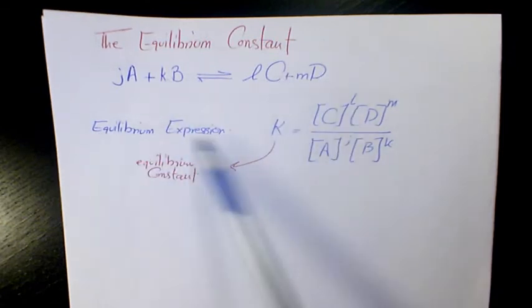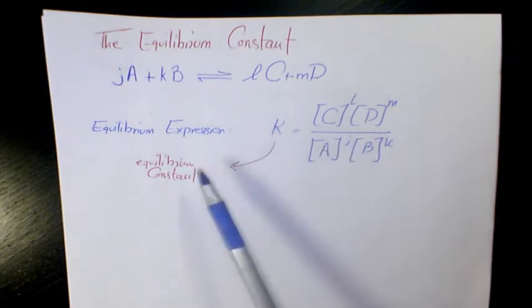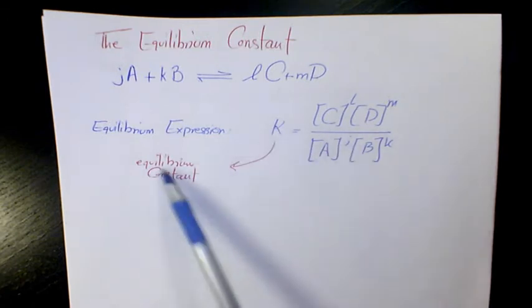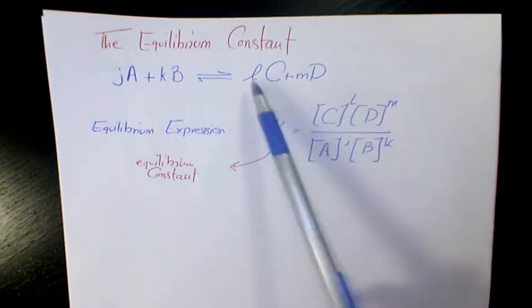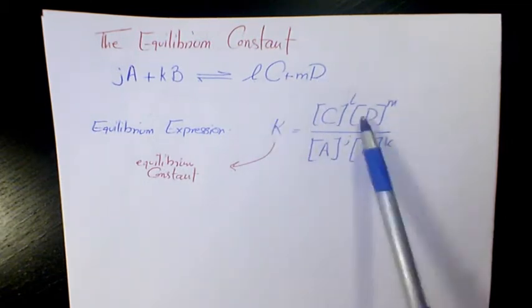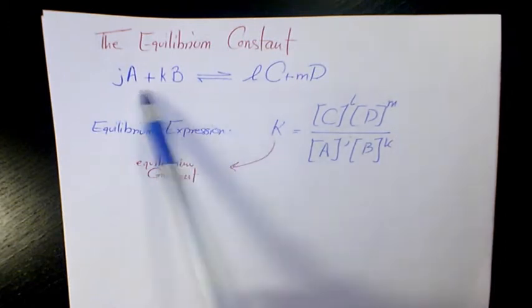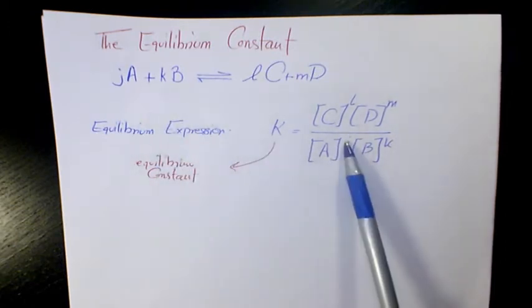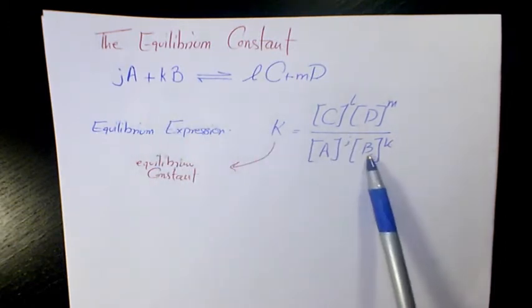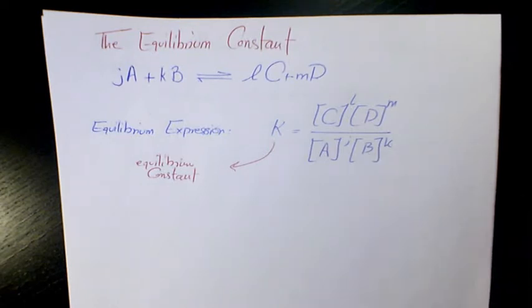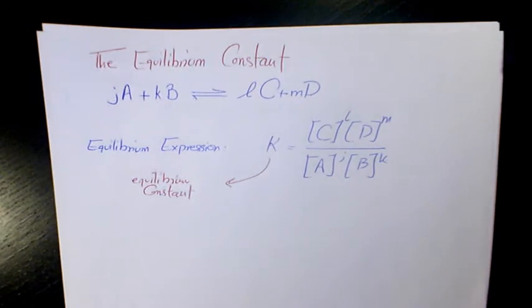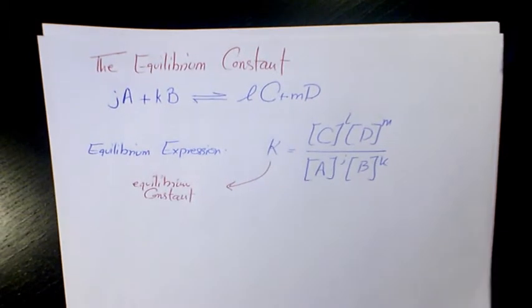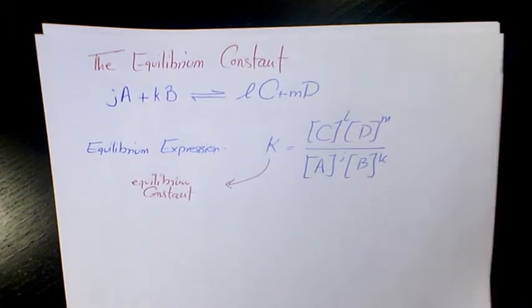So the equilibrium constant, capital K, equals the concentration of C to the power of l times the concentration of D to the power of m, divided by the concentration of A to the power of j times the concentration of B to the power of k. That's called the equilibrium expression. Let's see some examples of how to find the equilibrium expression or equilibrium constant.